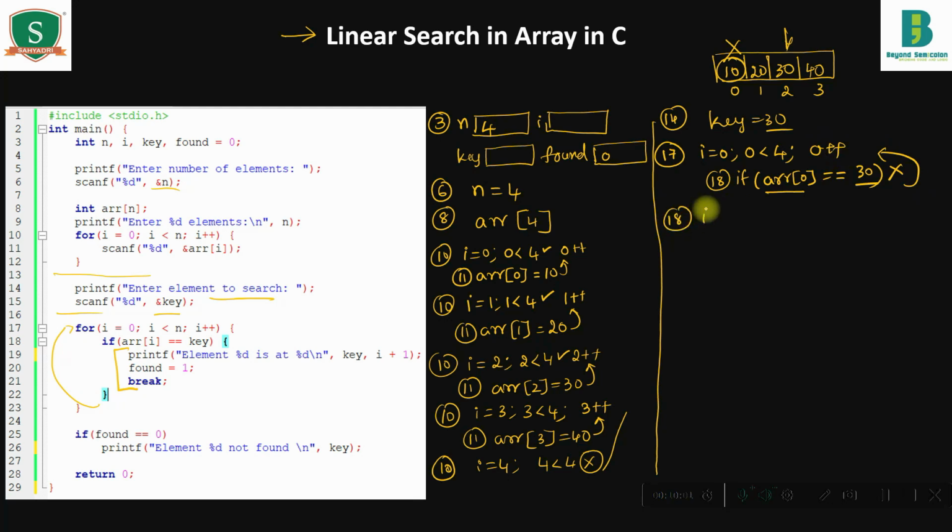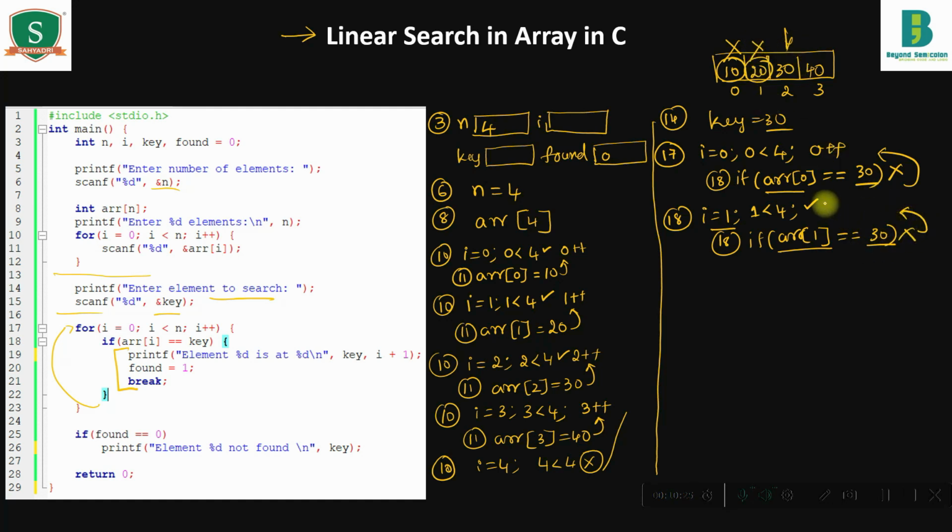In the 18th statement, i is equal to 1, 1 less than 4, the condition is true. Now if array of 1 is equal to the key that we are looking for, which is 30. Array of 1 is 20. Is 20 equal to 30? No, the condition failed.